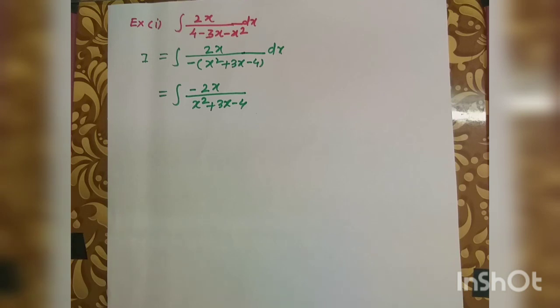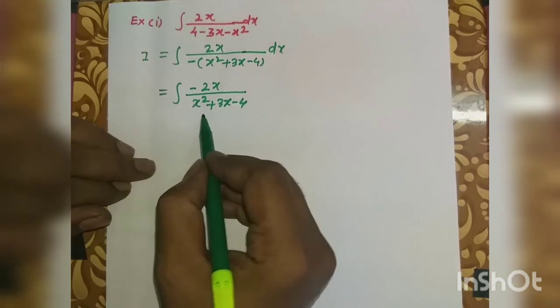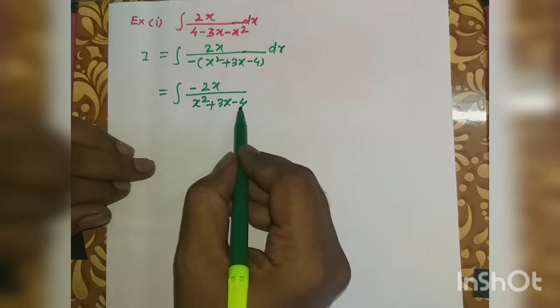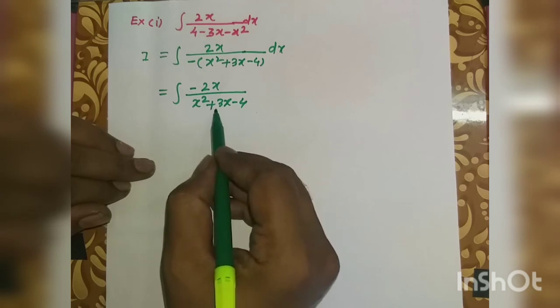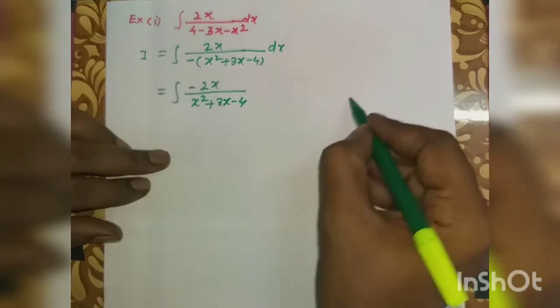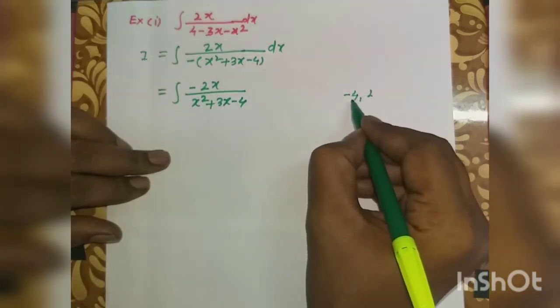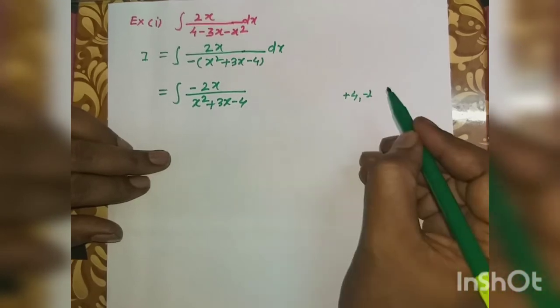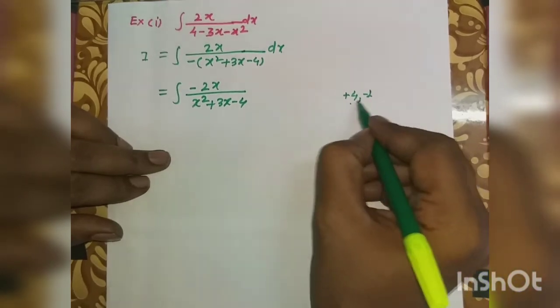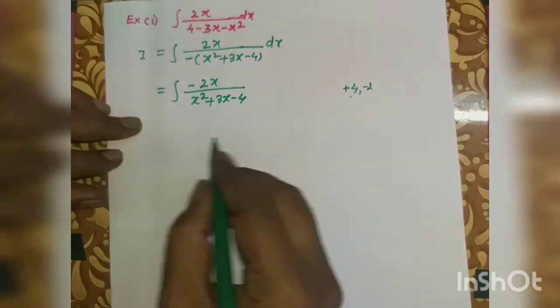Now observe this denominator. The denominator is factorized. Factorize such that the sum is plus 3 and the product is minus 4. That is plus 4 and minus 1. Its sum is 3 and product is minus 4.